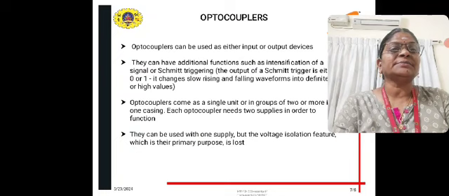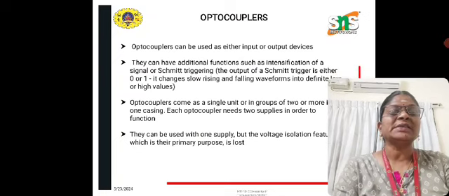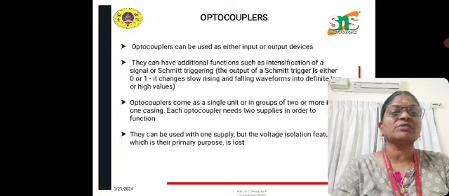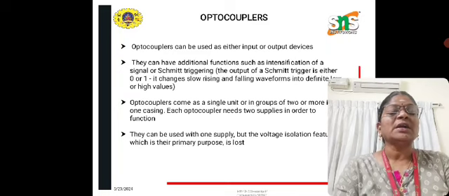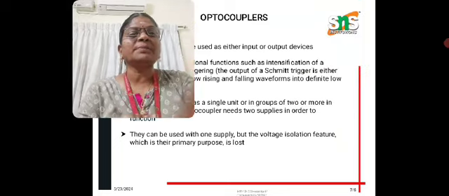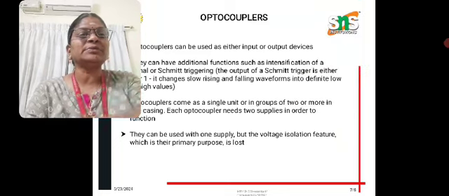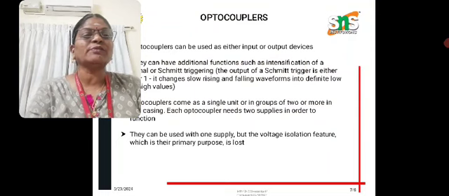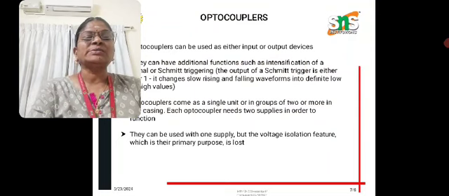Okay, so here the optocoupler can be used as either an input or output device. They can have additional functions such as amplification of a signal or Schmitt triggering. The output of a Schmitt trigger is either 0 or 1. It changes slowly rising and falling waveforms into defined low or high values. Optocouplers come as a single unit or in groups of two or more, and also in casing.